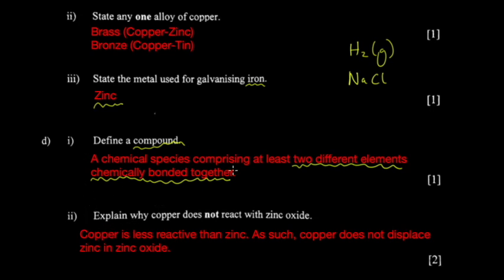Explain why copper does not react with zinc oxide. Copper is less reactive than zinc. Regarding the reactivity series, I don't know what mnemonic you use, but for us it was: Polite spotted leopard can meet calcium, affectionate zebra, aluminum, zebra, zinc, into highly tender loving care, then iron, and all that.